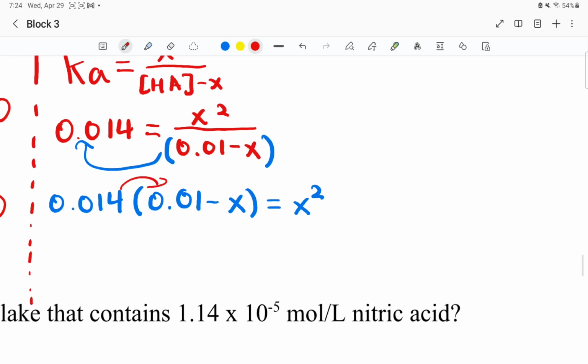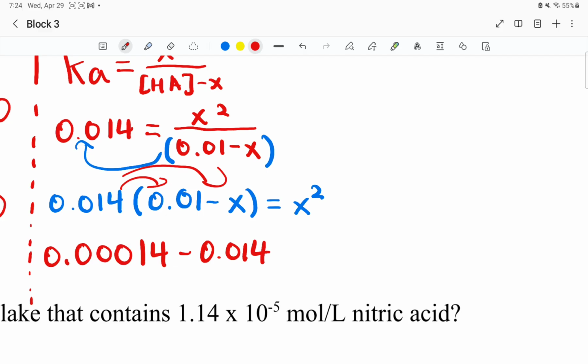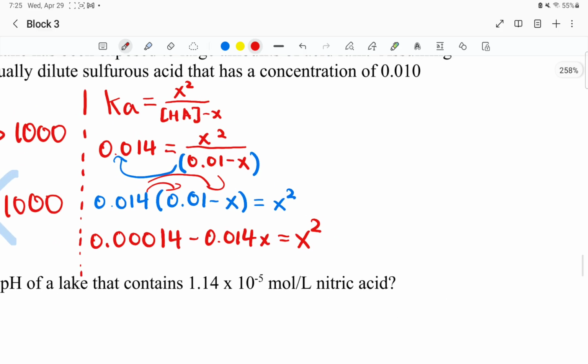All right, we're going to distribute. So that gives you 0.014 times 0.01, which is 0.00014, minus 0.014x is equal to x squared.